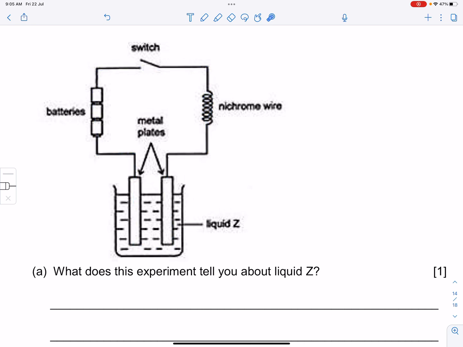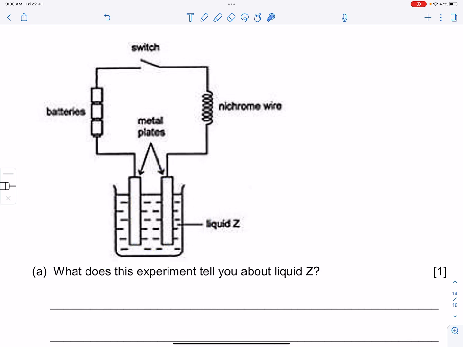So because these two metal plates are separated from each other, it tells you that there must be something connecting these two plates. And whatever is connecting these two plates has to be a conductor of electricity. If not, electric current cannot flow through. So there you have it.